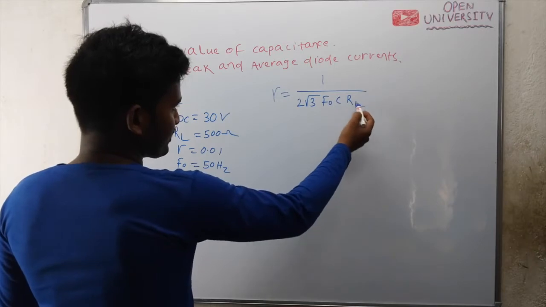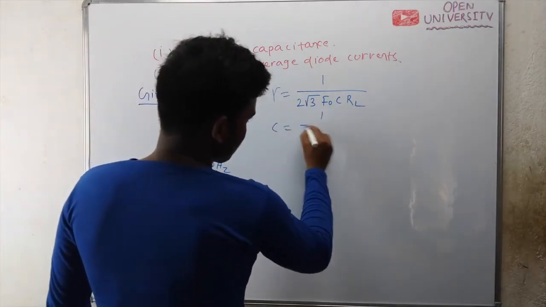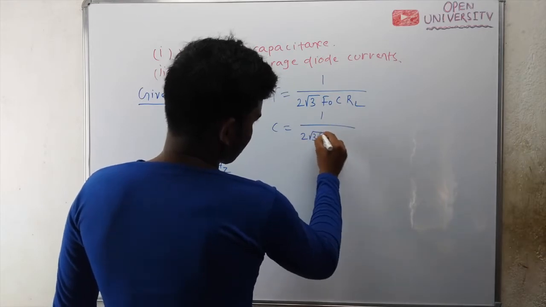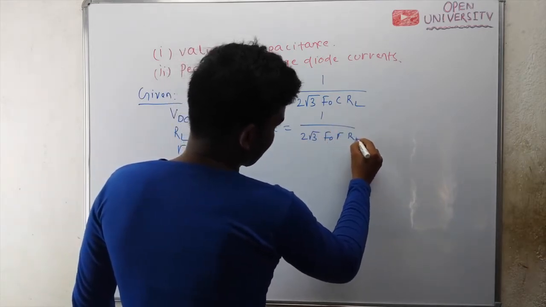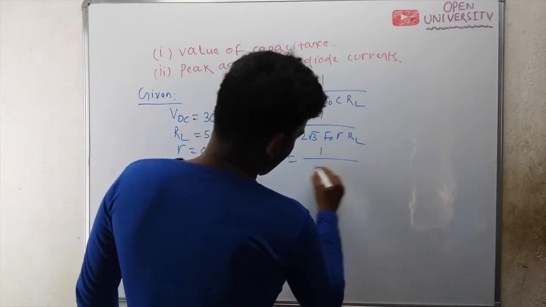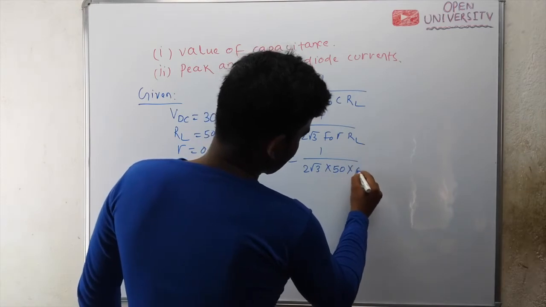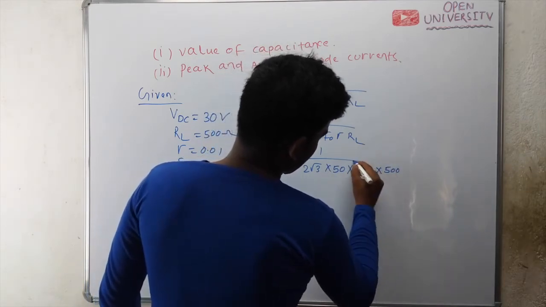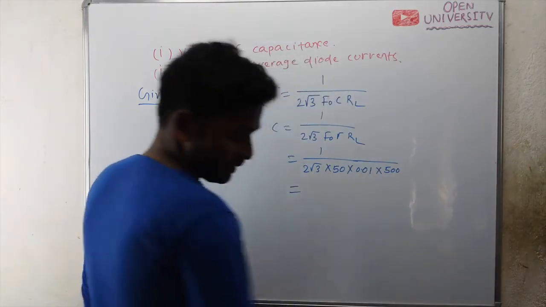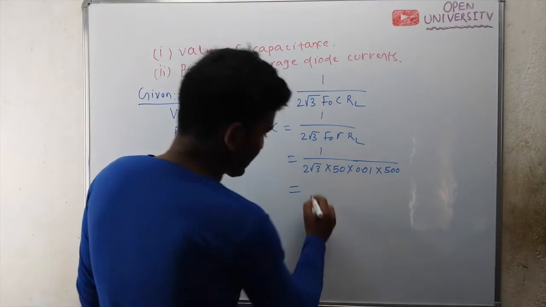So C equals 1 by 2 root 3 into F naught into R into RL. It will be 1 by 2 root 3 into 50 into 0.01 into 500. You will get the capacitance as 1.15 millifarad.